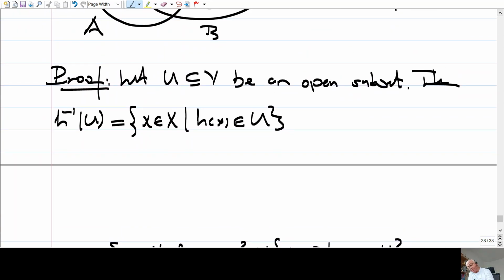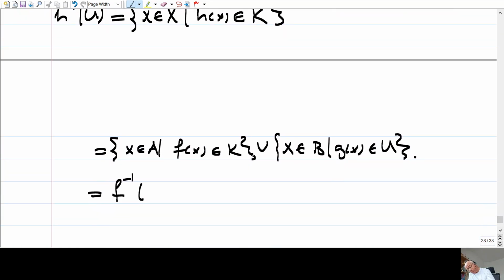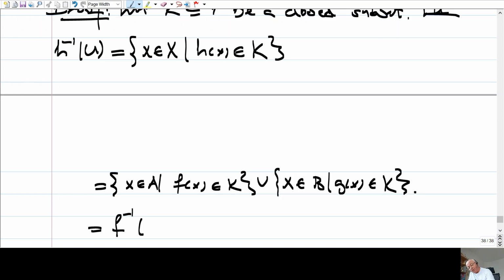Sorry. Let's take a closed set. Let K be a closed subset. You will see why I choose closed. It doesn't matter, right? I mean, I can use either open subsets or closed subsets to check continuity.